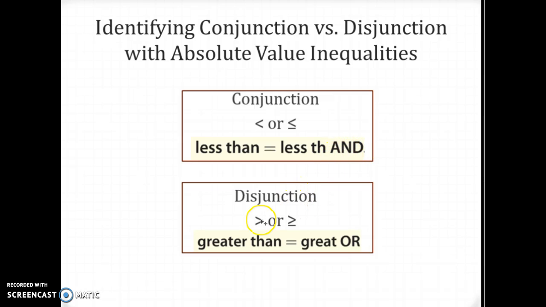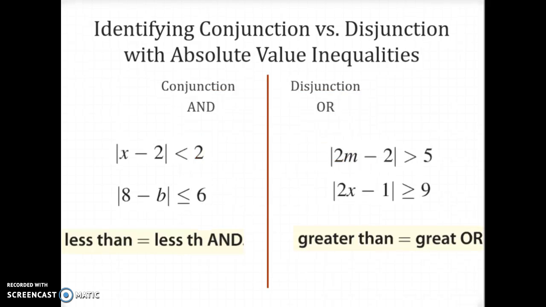A disjunction is using greater than or equal to. So think of this expression greater than as great or, which is a disjunction. Less than and is a conjunction. It's just a quick way of differentiating between the two as you're working.